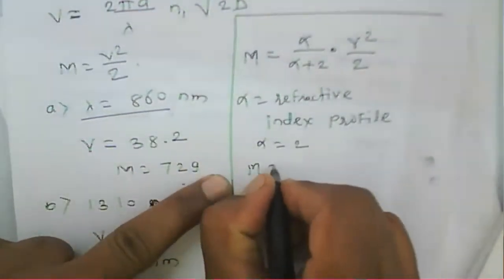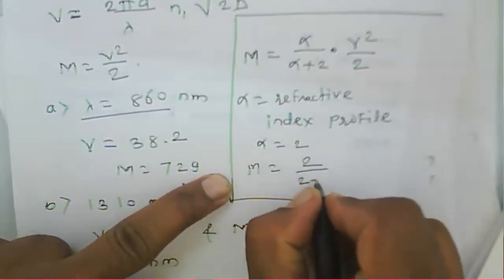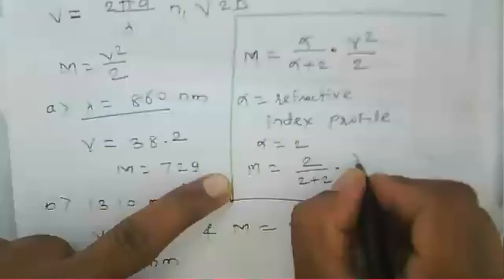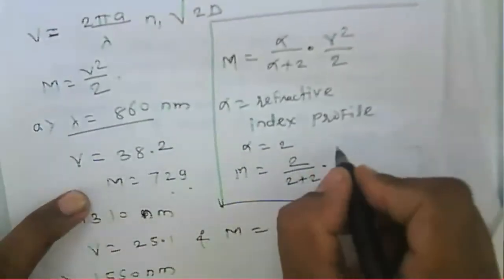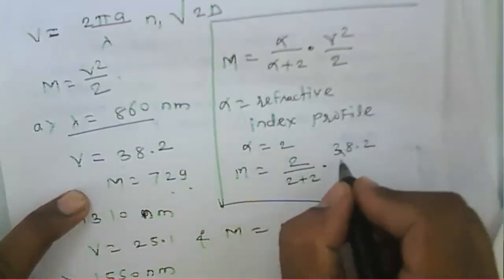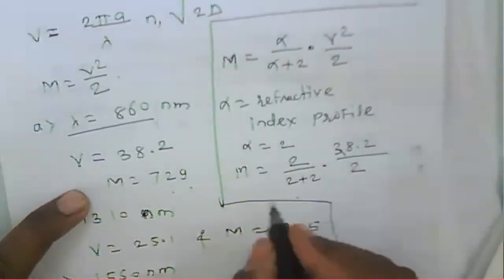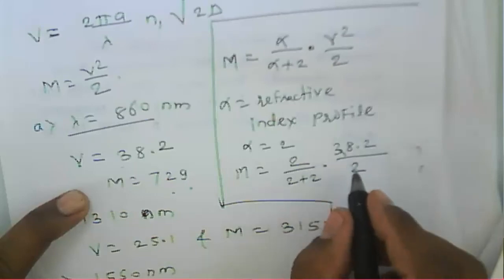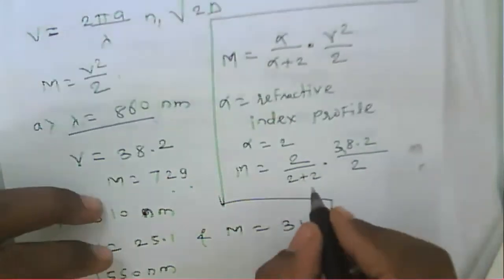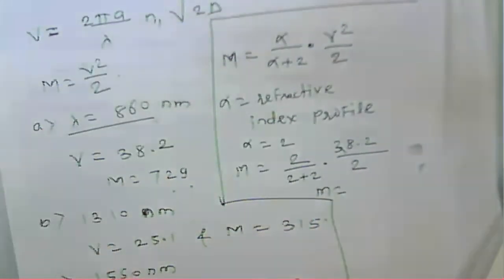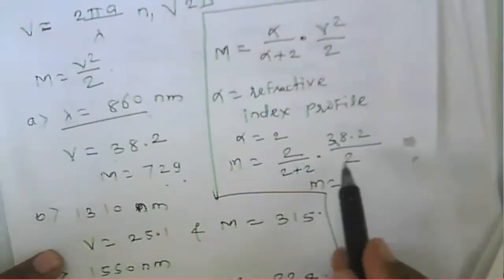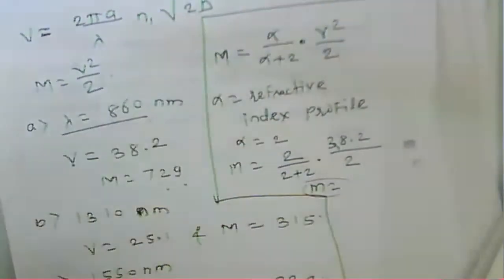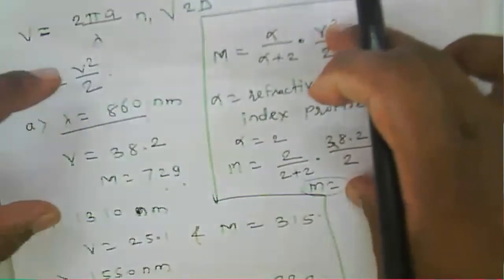So in that case, m will be 2 by 2 plus 2 into V, where V is 38.2, divided by 2. So that is 38.2 by 4, and that will be your m value, the number of modes.